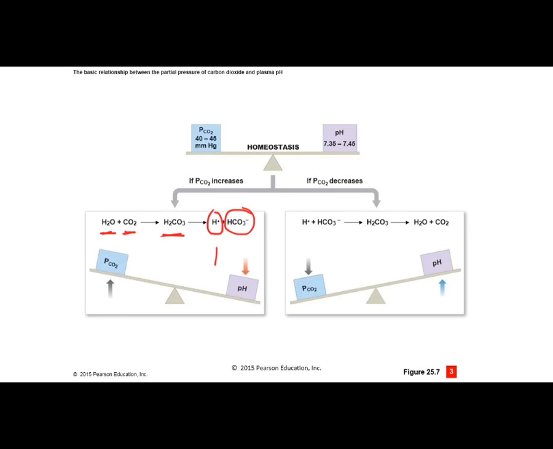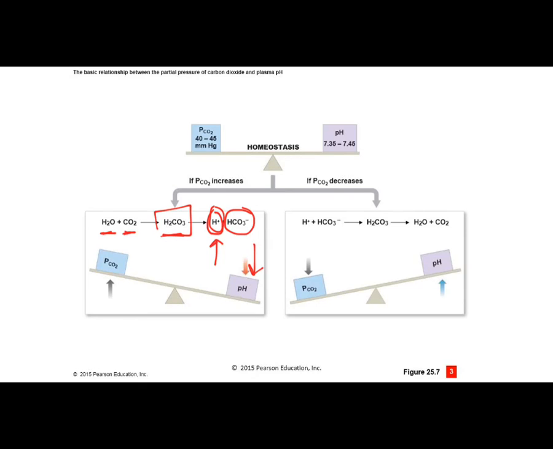We know that more hydrogen does what? Drops the pH. Okay, so this is the chemistry of why CO2 becomes a problem. So as CO2 rises in your blood, you get more of this carbonic acid, right? And then that carbonic acid can dissociate and make more of this hydrogen. More hydrogen makes things more acidic.